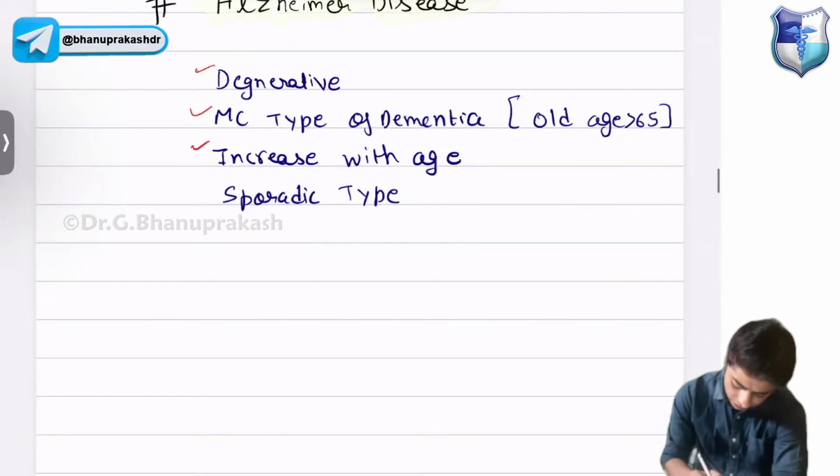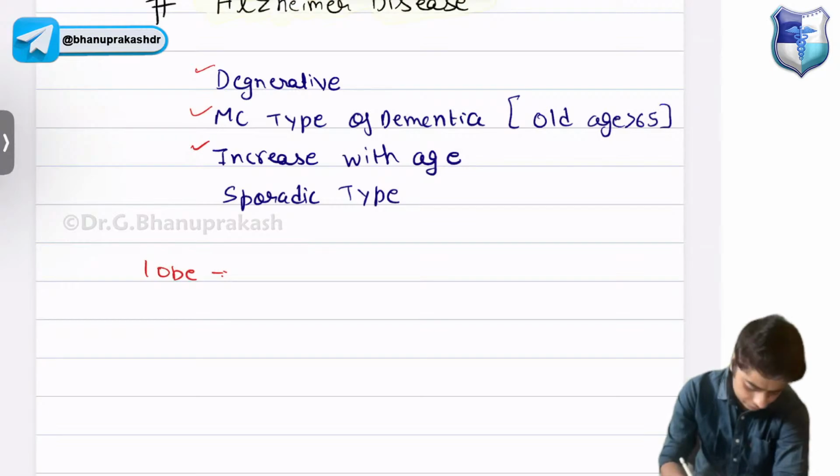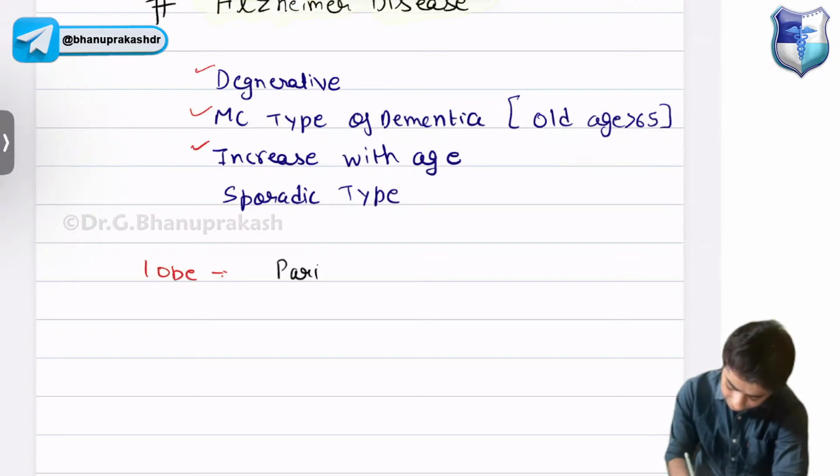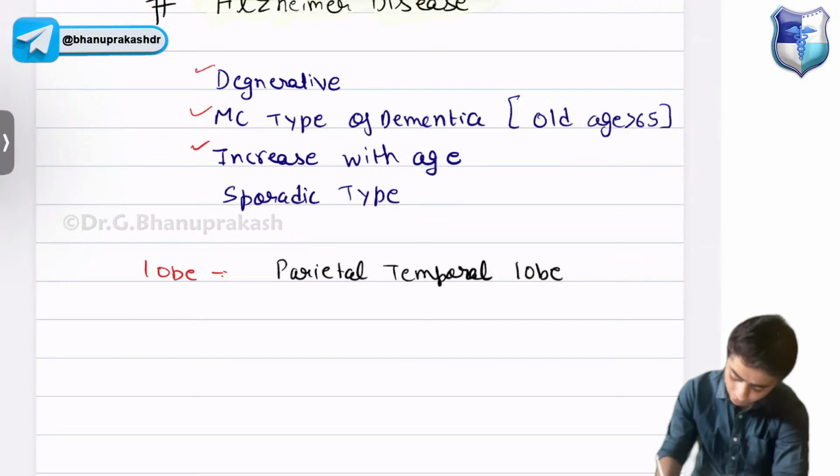It is parietal and temporal lobe. This parietal and temporal lobe.